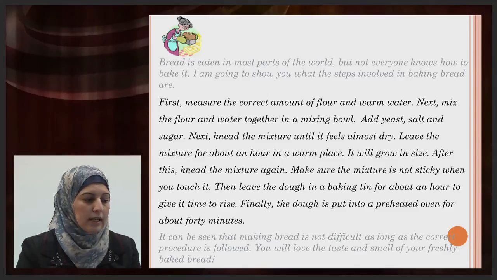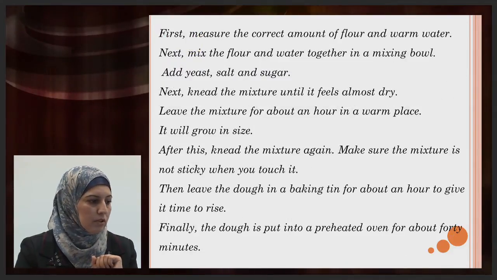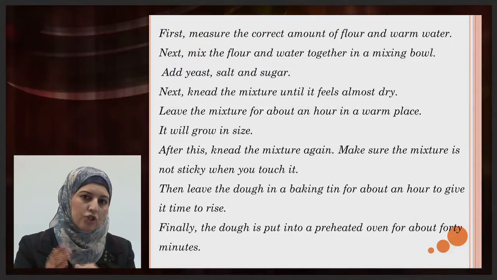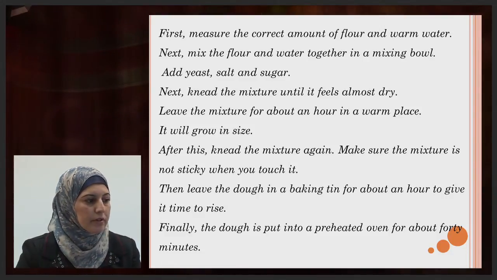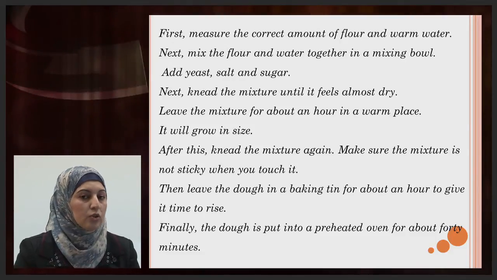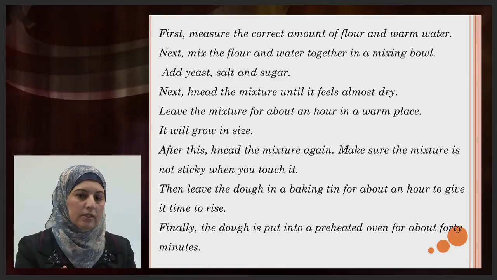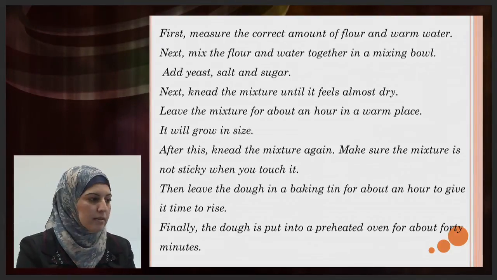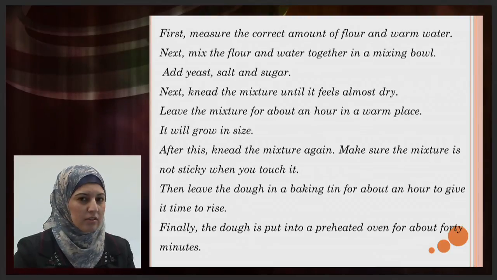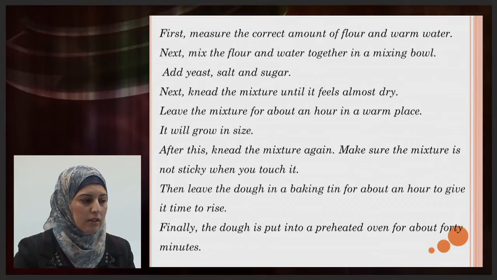Put them aside. Let's take the body only. Here it is. Let's change step by step. First, measure the correct amount of flour and warm water. So you notice here, it's active, it's imperative, warm. Let's change it to passive. Try. Think about it.